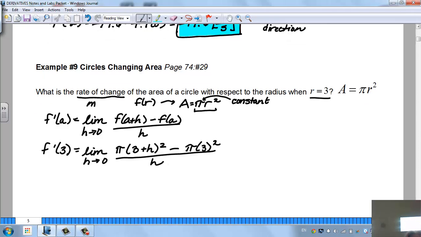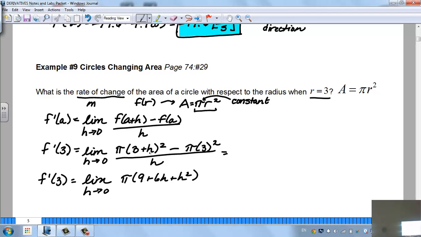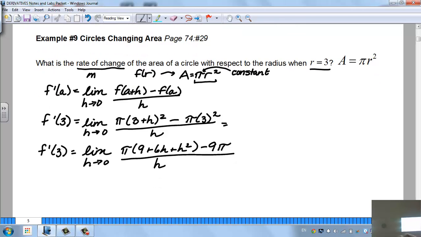So when I go through and do some algebra here, got f prime of 3 equals the limit as h approaches 0 of pi times 9 plus 6h plus h squared. You should be getting better at doing your double distribution, and that's 9 pi right there all over h.